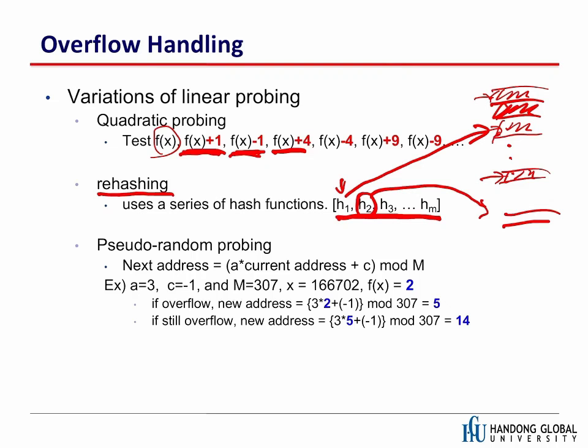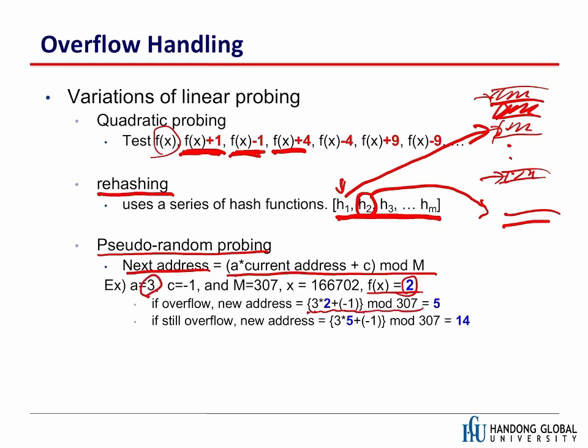Okay, then the next one is pseudo-random probing. So the next address is calculated by this one. So let's say the first hash function value is 2. Okay, so we check bucket 2, and if bucket 2 is overflow, then the new address is based on these equations.